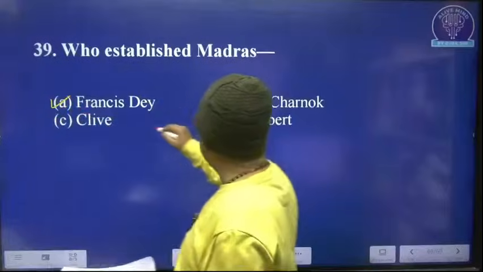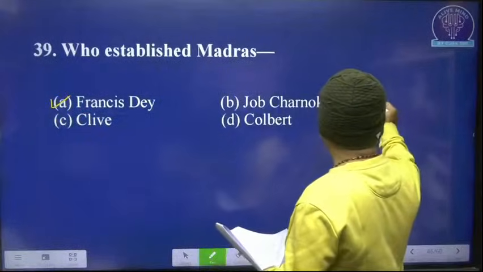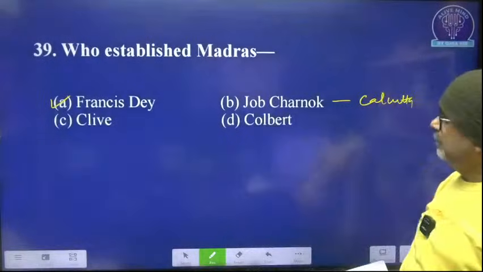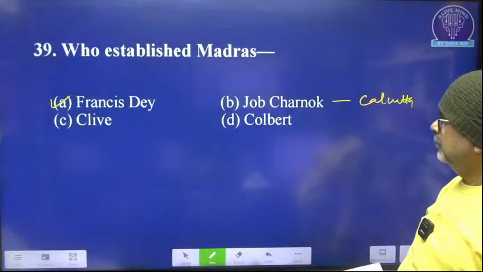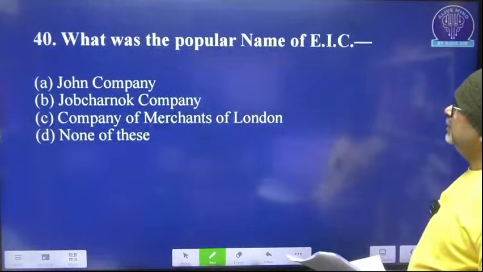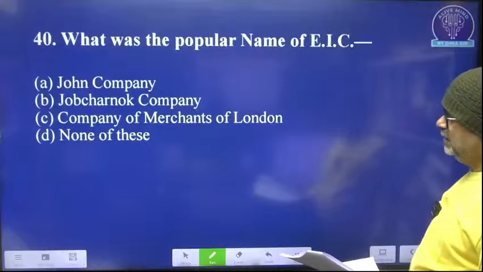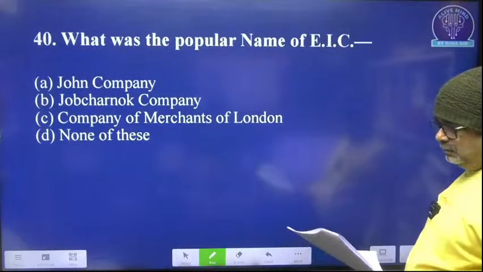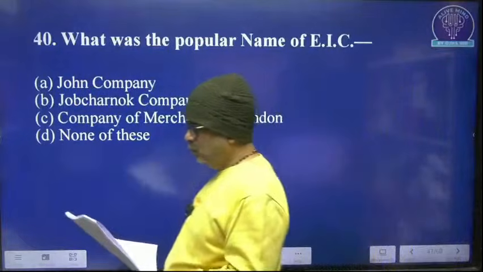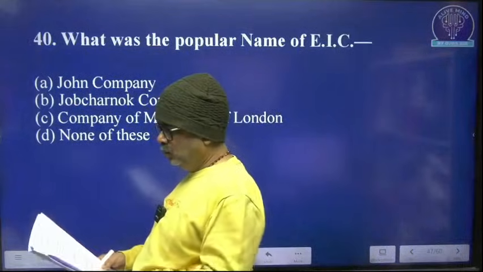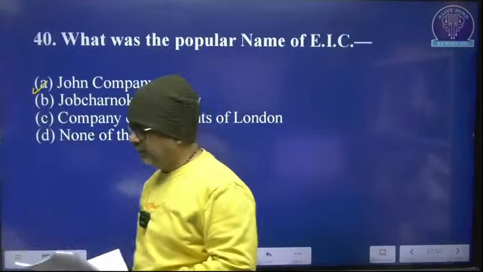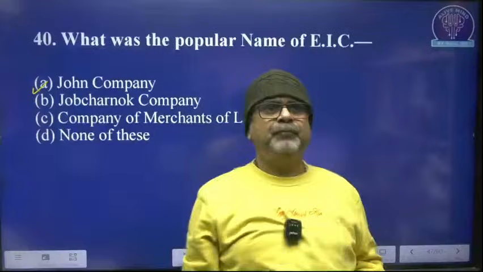Job Charnock, Calcutta. 39A. 40. What was the popular name of EIC? John Company. A.